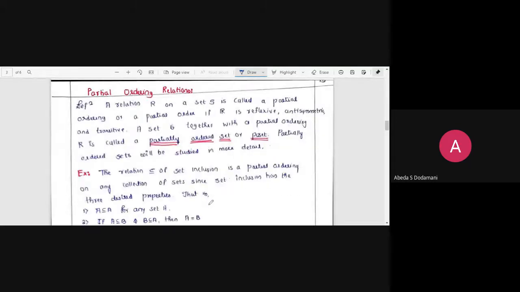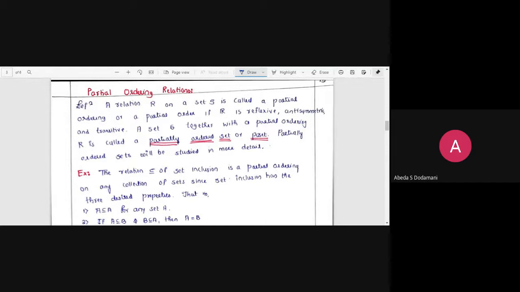Okay. So now come to the next important concept, that is partial ordering. We will deal with these partial ordering relations step by step. Let's see what we do here.